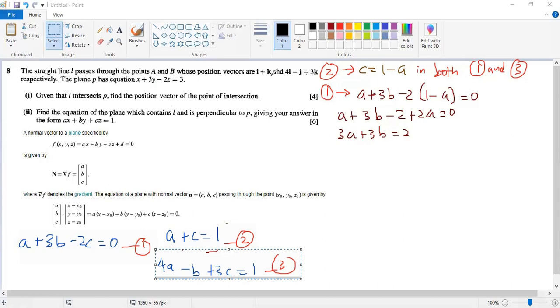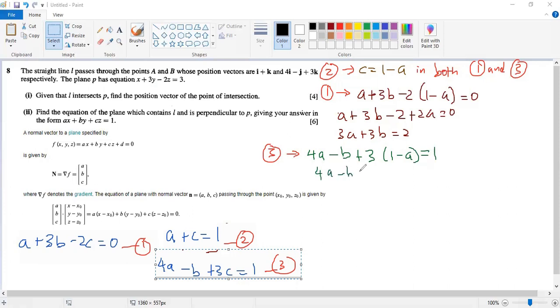Let's do the other equation. Let's put it in equation 3. Equation 3 becomes 4a minus b plus 3 times (1 minus a) equals 1.